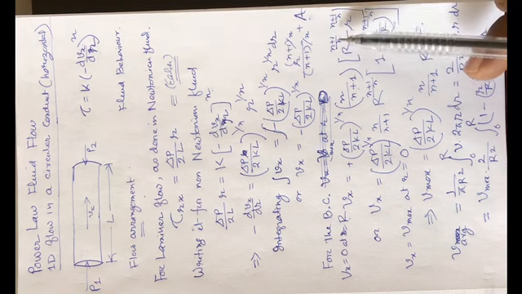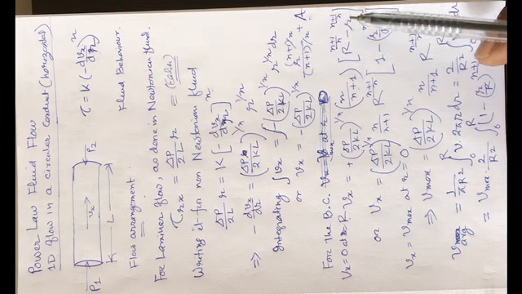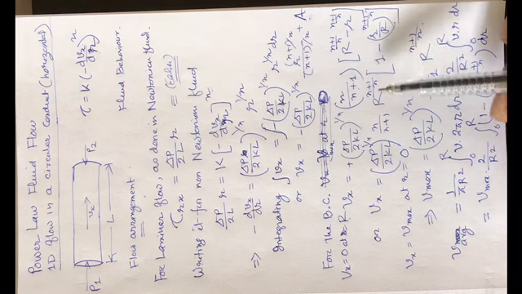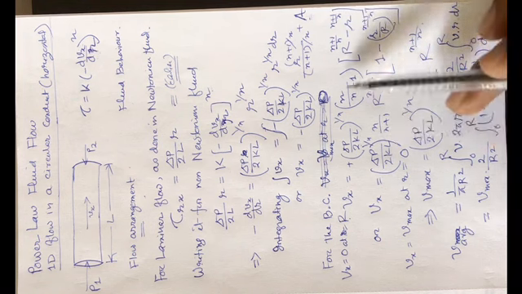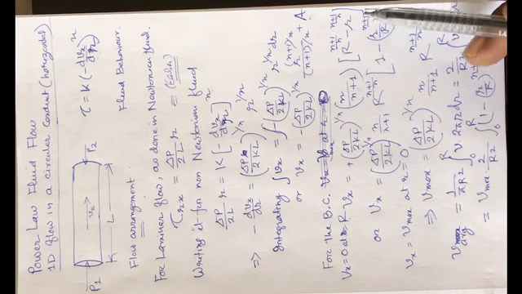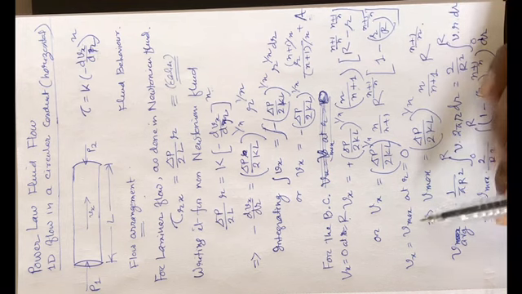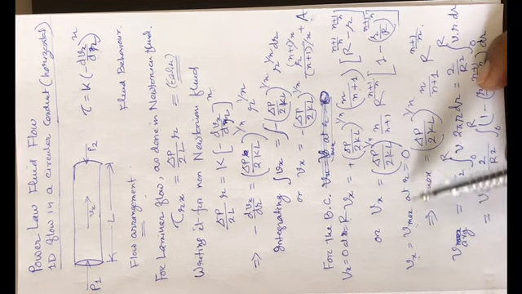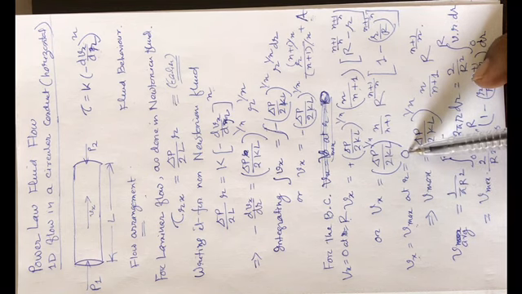So r to the power n plus 1 by n into minus R to the power n plus 1 by n. Then we can take out R to the power n plus 1 by n outside, with the rest remaining the same, multiplied by 1 minus r by R to the power n plus 1 by n. Now you see what happens: Vx is equal to V maximum at r is equal to 0.